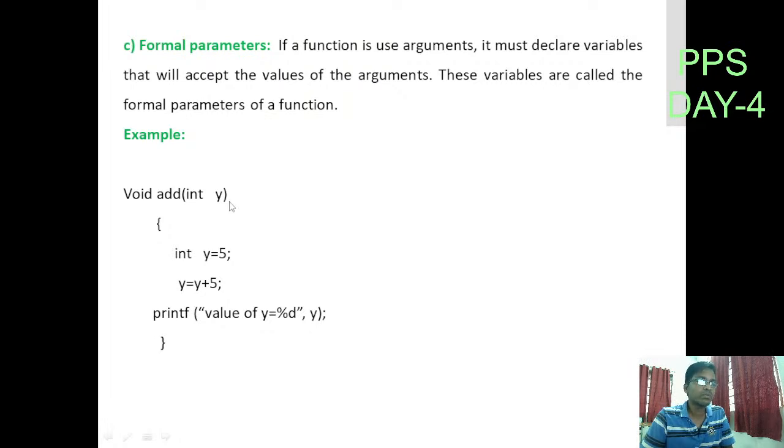If the function contains a body, then the function is called the called function. In this example, this add function contains a body, so that's why it comes under the called function. Inside of this called function, you can pass arguments.